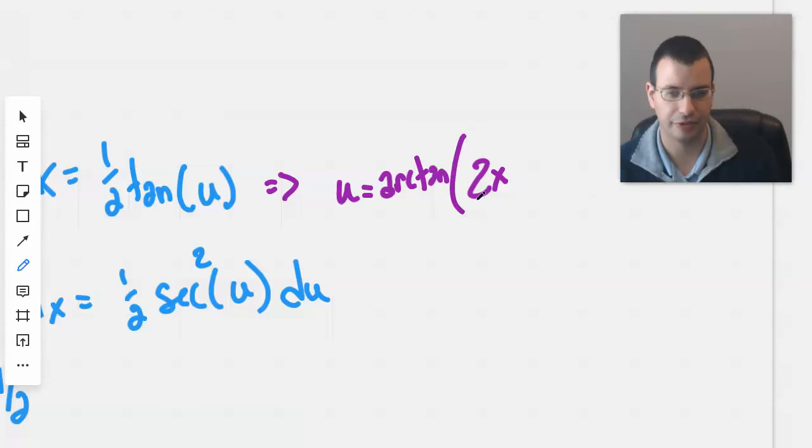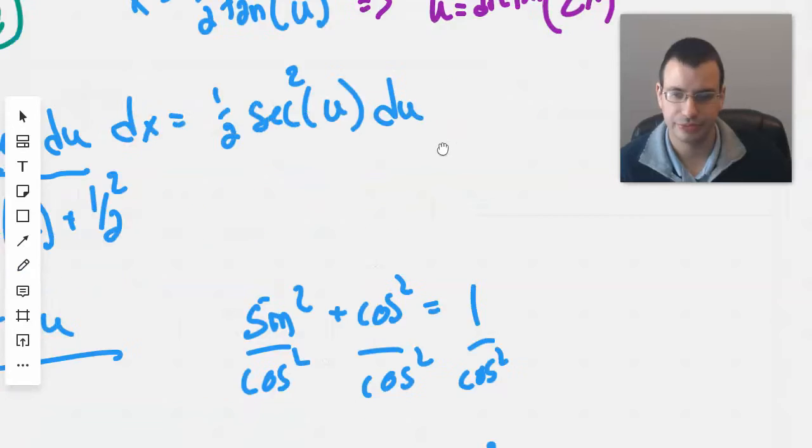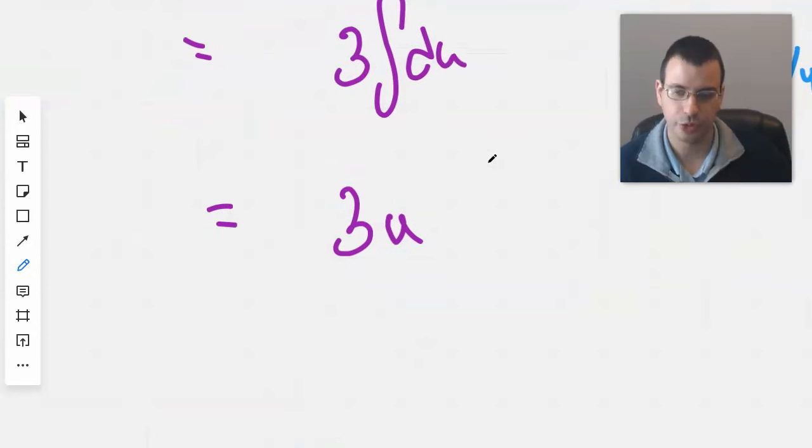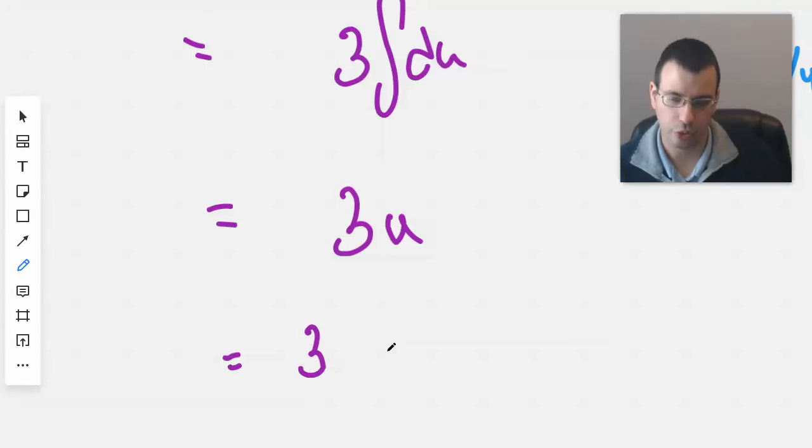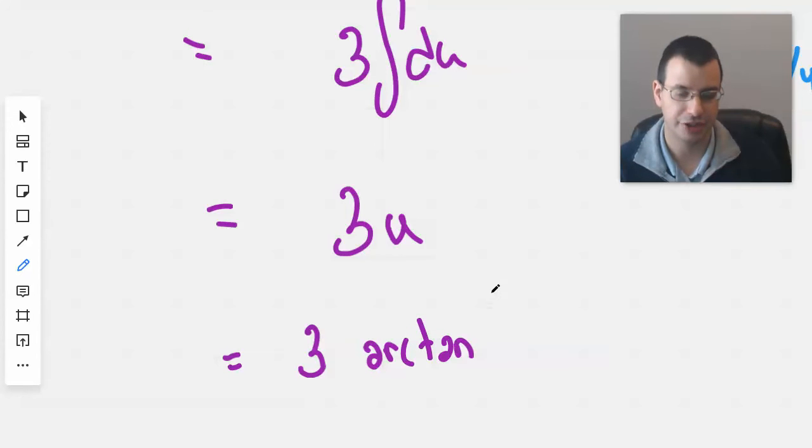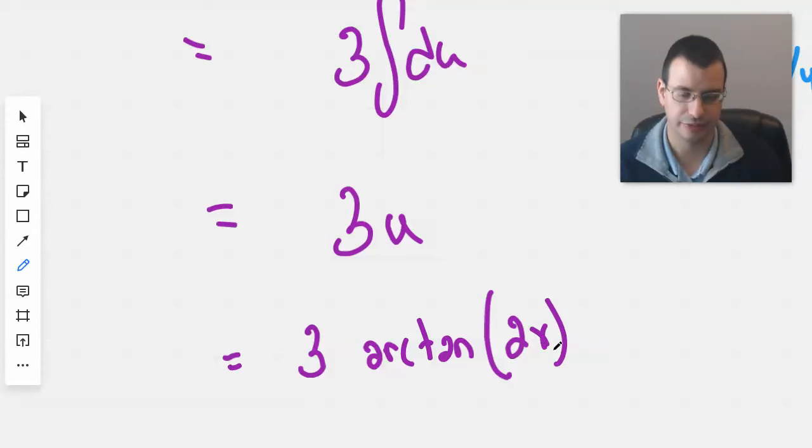Hopefully I have enough room. Almost. So this equals 3 times the arctan, inverse tangent, of 2x.